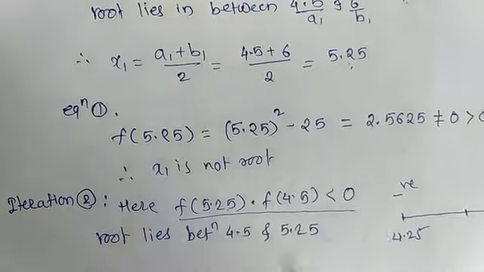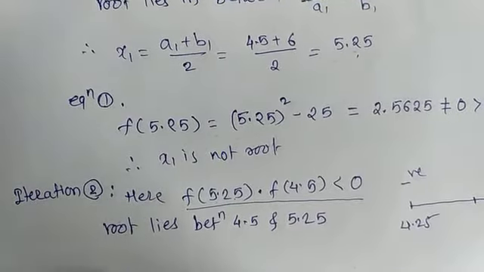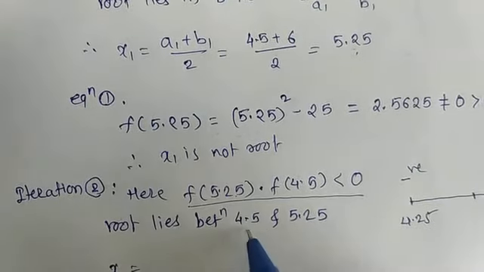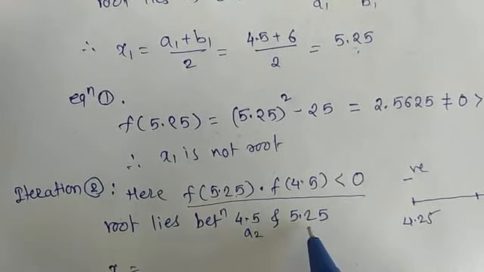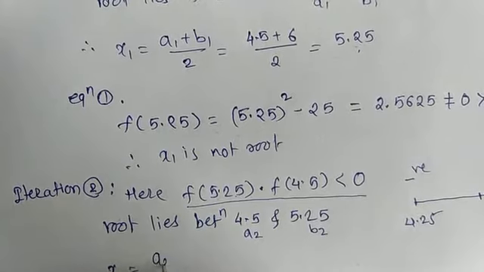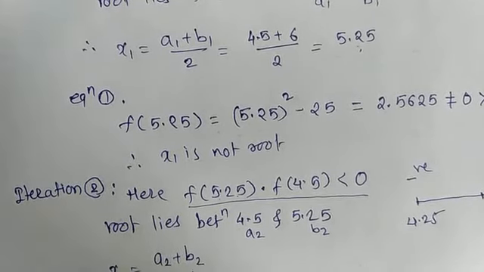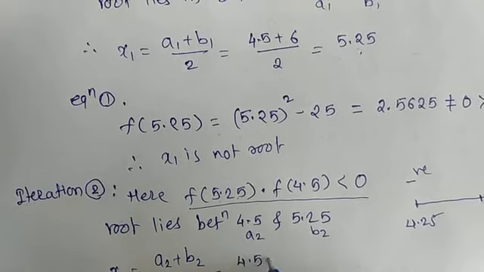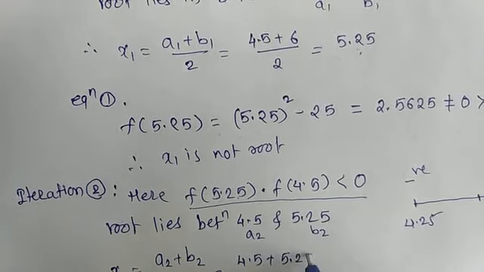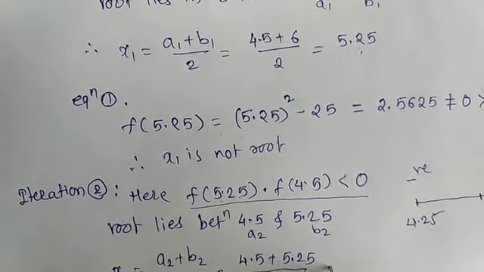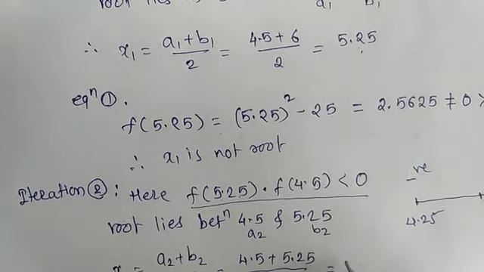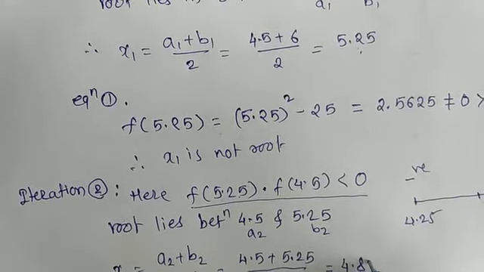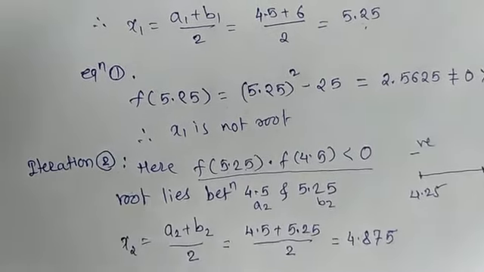So here x2 is equal to, considering a2 and b2, a2 plus b2 upon 2, which is 4.5 plus 5.25 divided by 2, and its calculation gives us 4.875. Please see the calculations also.